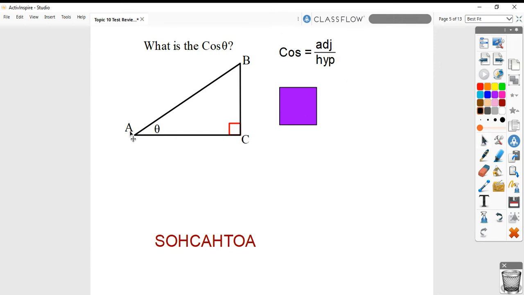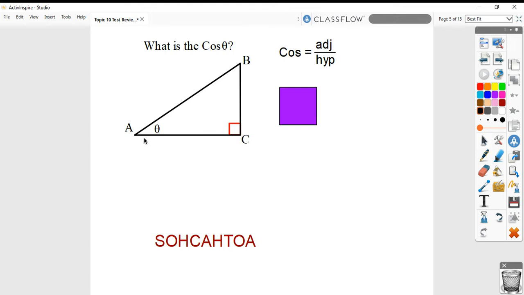So we look at this triangle, and we have to decide which leg of the triangle is the adjacent, which leg is the opposite. And what I'm looking at is that this side over here, the side BC, is not touching the angle that we're dealing with. This theta down here is not touching BC, so that would be the opposite side.